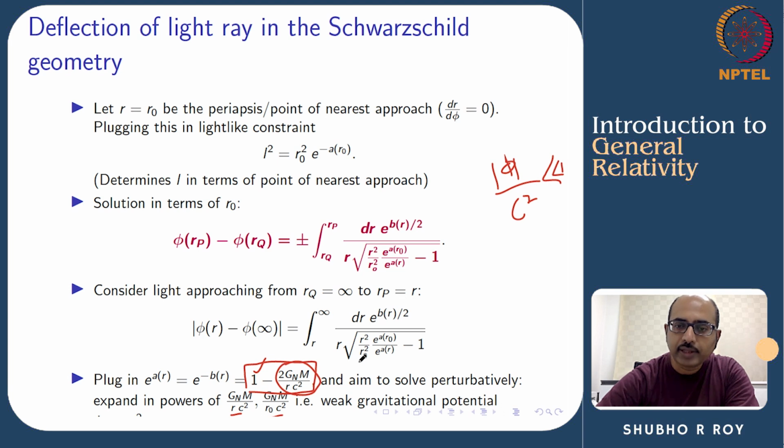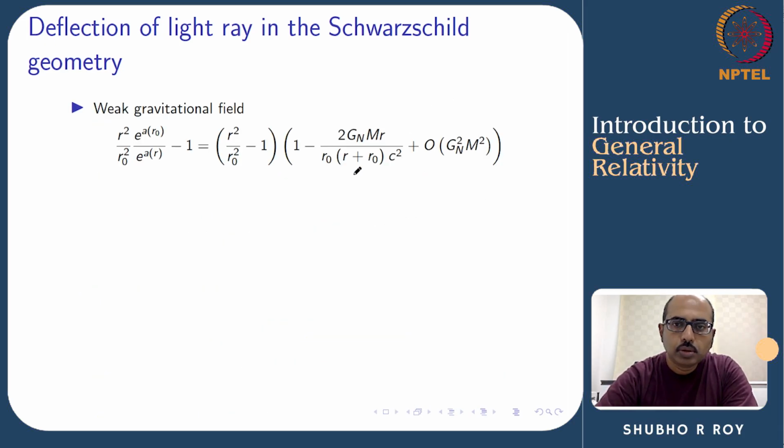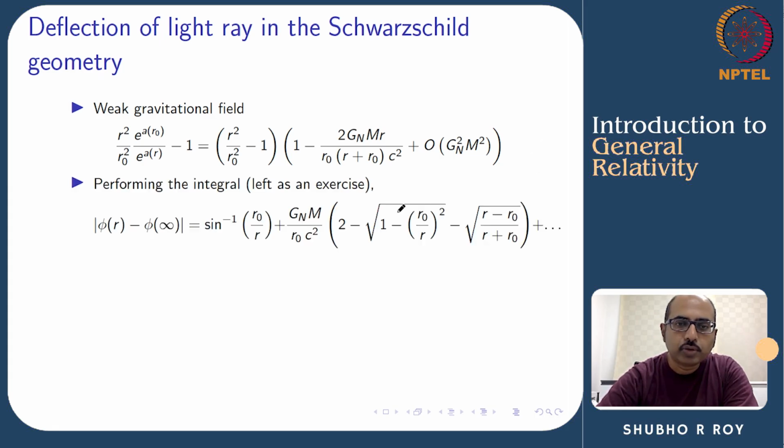And after expanding the integrand in powers, we will then integrate term by term. So this will be a perturbative solution. I'll leave it as homework to perform the integral for the first two terms. The first is order 0 in GM, and the second term is linear order in GM.